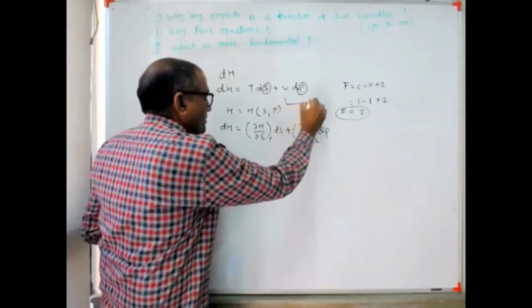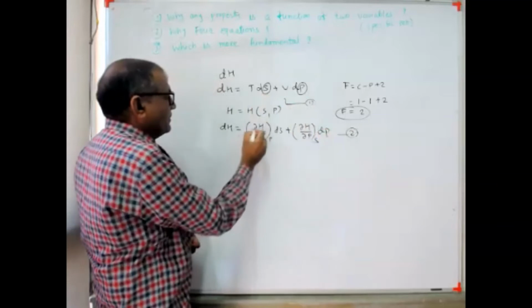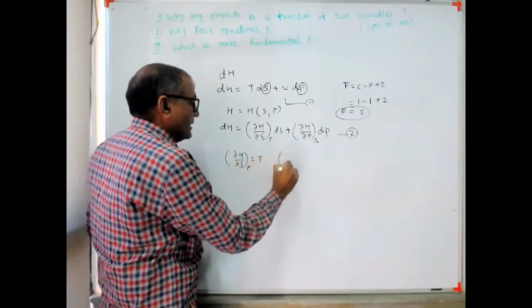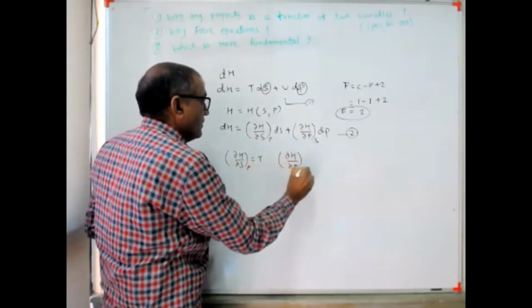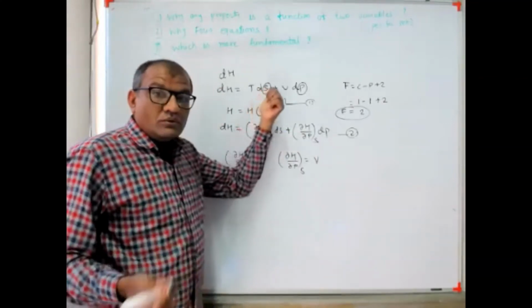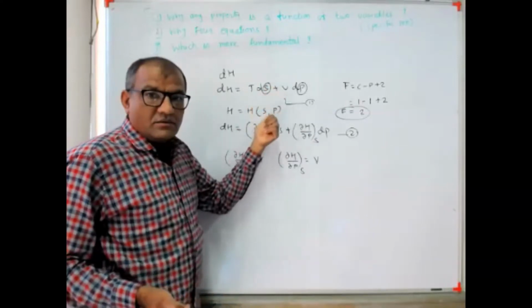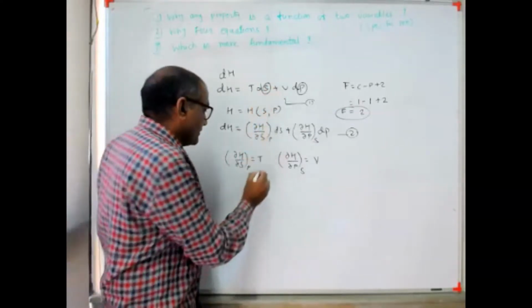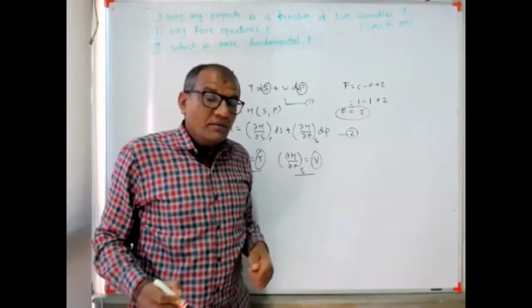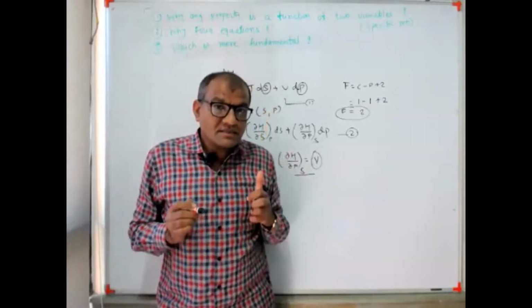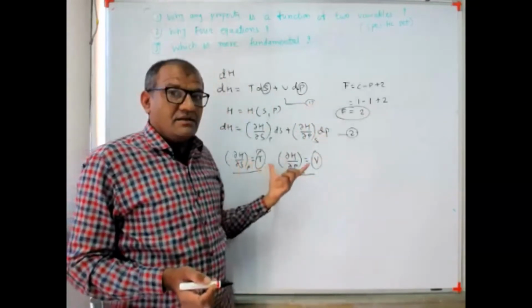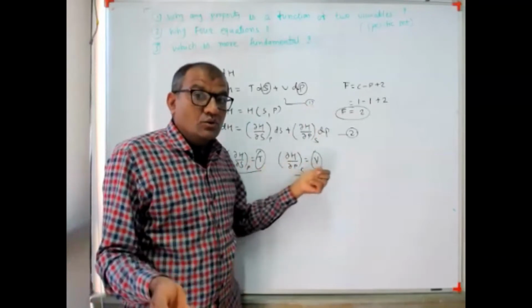If you compare these 2 equations, then the first partial derivative is equal to T and the second partial derivative is equal to V. The meaning is, if you know the values of the 2 variables S and P, then you can easily obtain the other 2, temperature and volume. It means we have selected such a set of canonical variables that just by partial derivative we can get the other 2 variables.